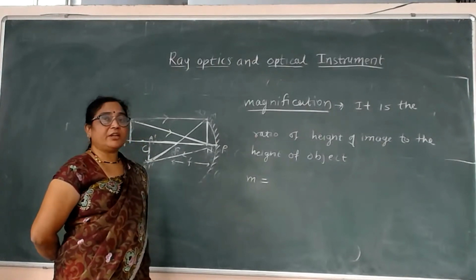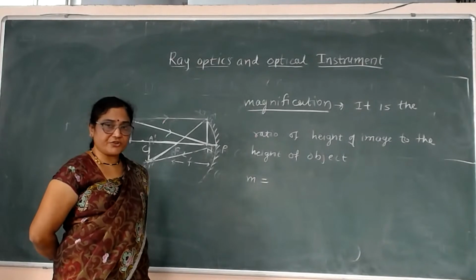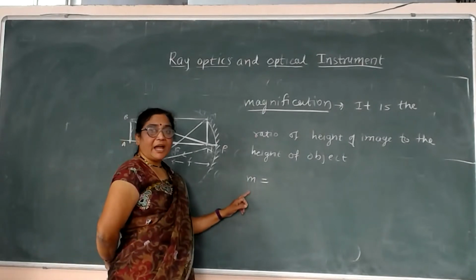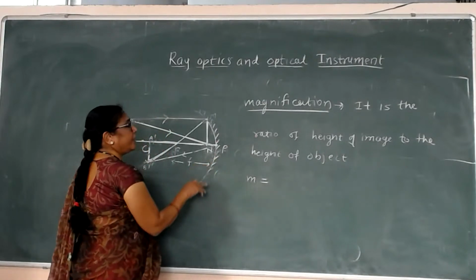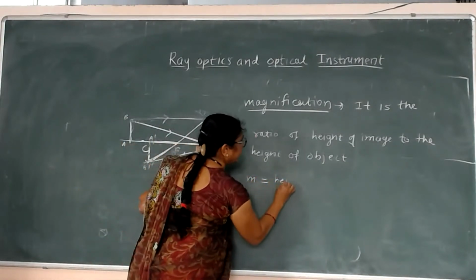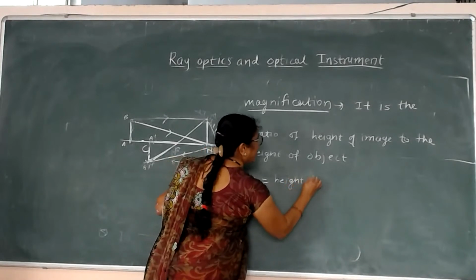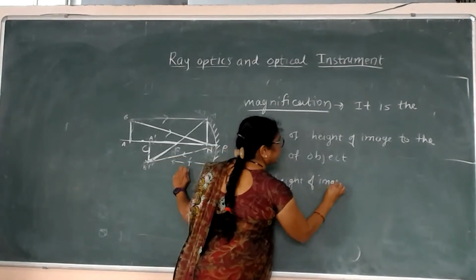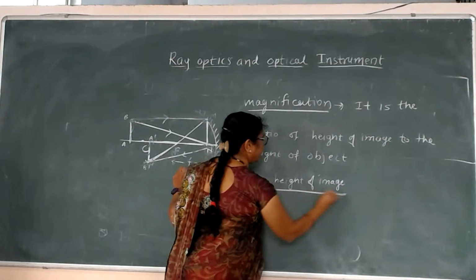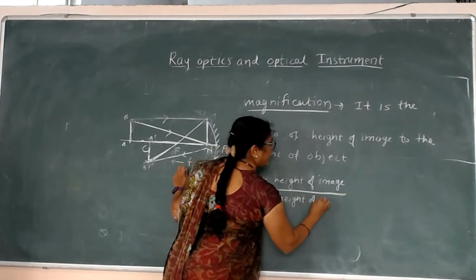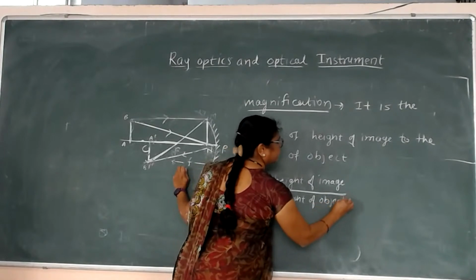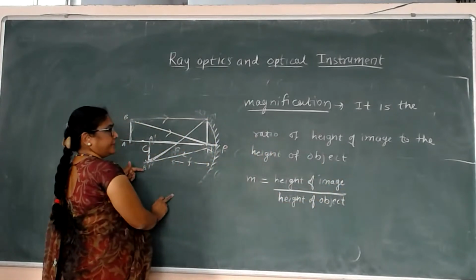To find out whether the image is magnified or diminished, we use the formula: magnification is equal to height of image to the height of object. See the figure.